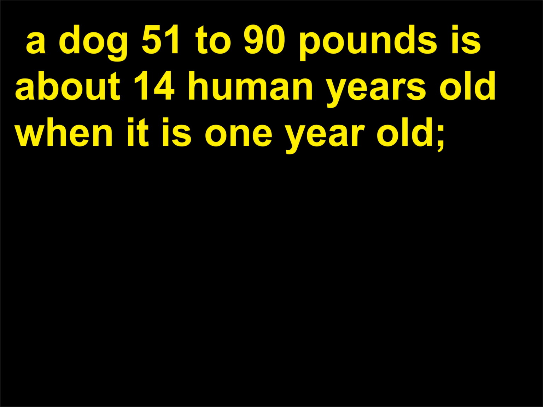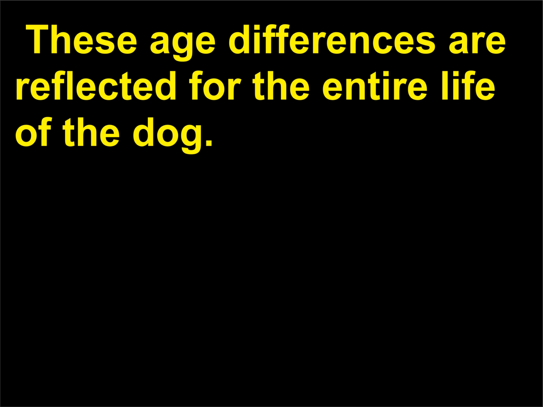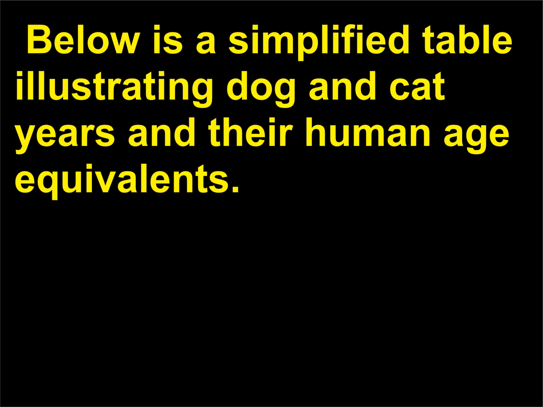A dog 51 to 90 pounds is about 14 human years old when it is 1 year old. And dogs under 50 pounds are the equivalent of 15 human years by their first year. These age differences are reflected for the entire life of the dog. Below is a simplified table illustrating dog and cat years and their human age equivalents.